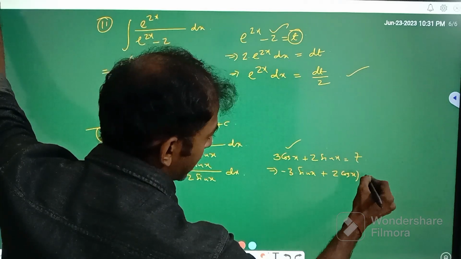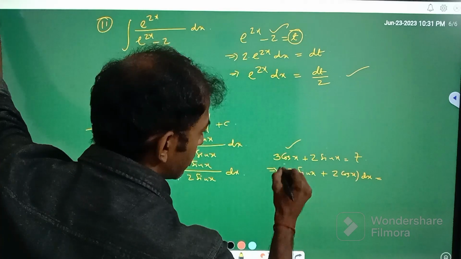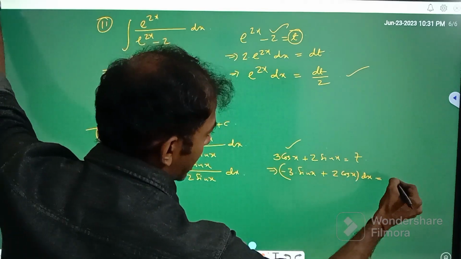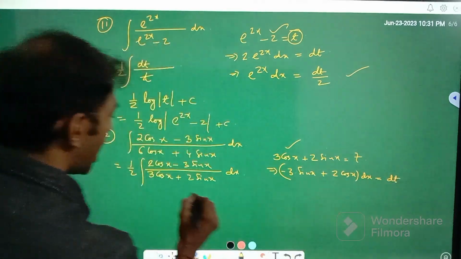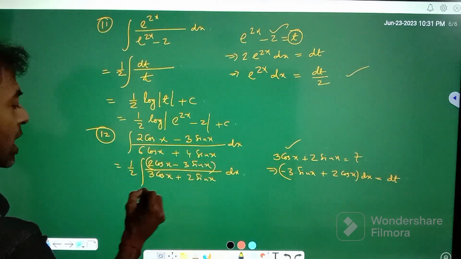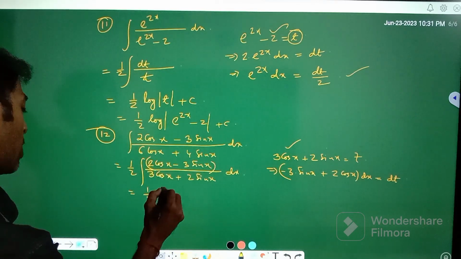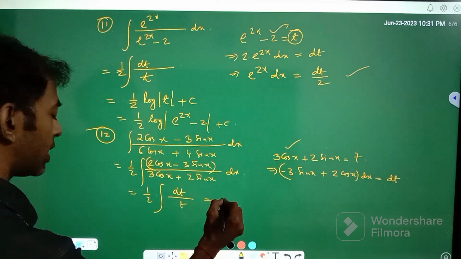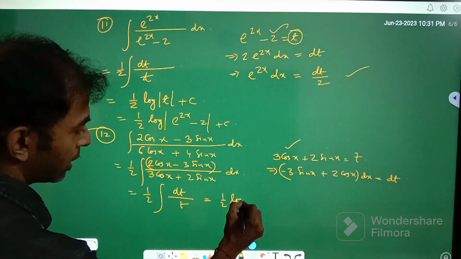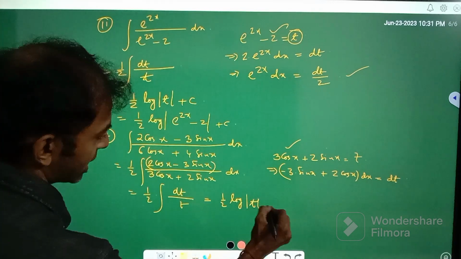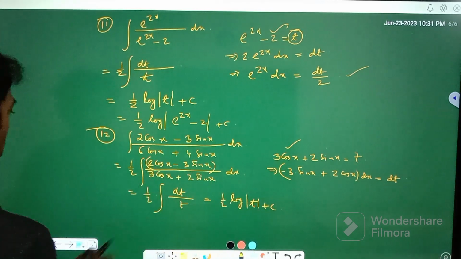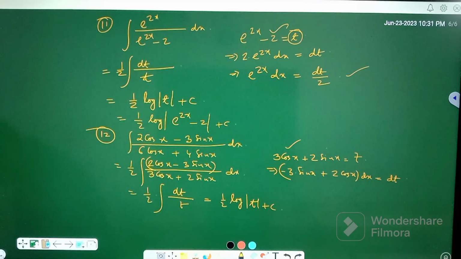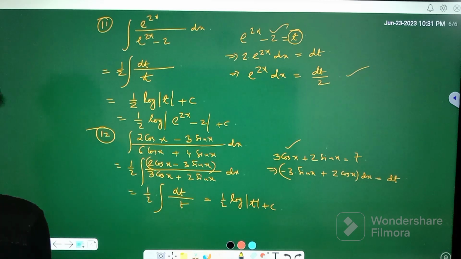So (2 cos x minus 3 sin x) dx is equal to dt, and that is our numerator part, and that's going to be 1 by 2 integration dt divided by t, and the result will be half into log mod t plus c. That's our problem. So problem solved. Next, we are going to the 13th problem.